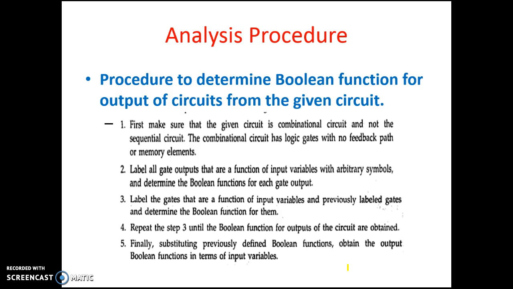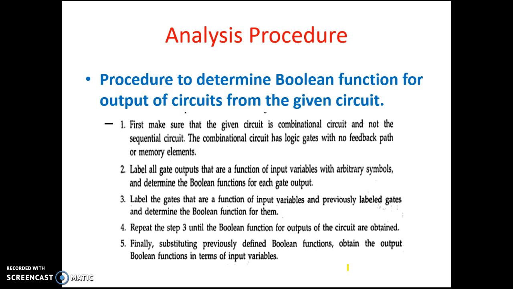Step 2: label all the gate outputs that are functions of input variables with arbitrary symbols and determine Boolean functions for each gate output. Step 3: label the gates that are functions of input variables and previously labeled gates, and determine the Boolean functions for them.